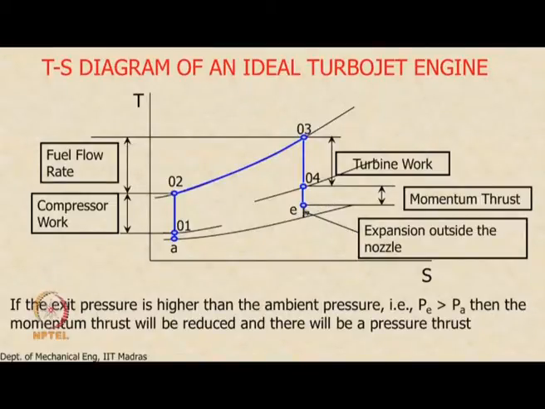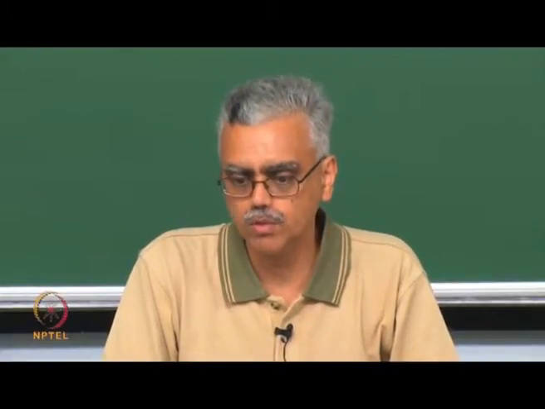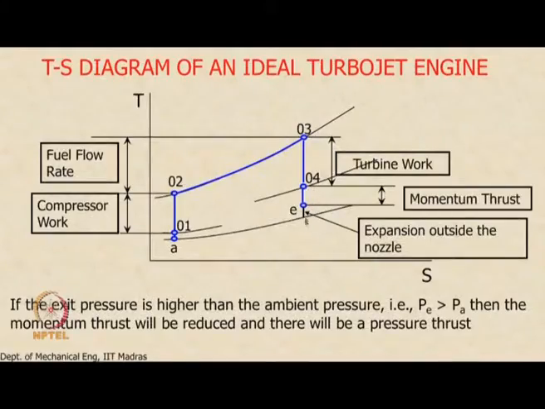If the exit pressure is equal to the ambient pressure, then we get only momentum thrust. The momentum thrust is proportional to this. We cannot really show the pressure thrust here, but it is also available in case PE is greater than PA. It is a convergent nozzle, so PE cannot be less than PA.